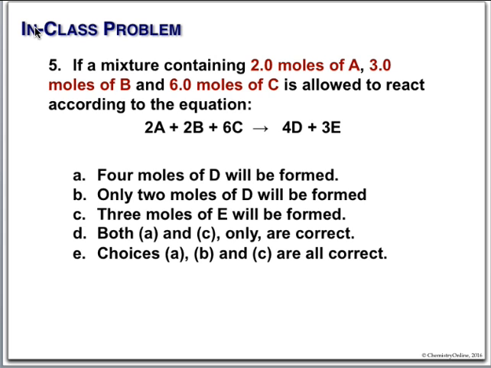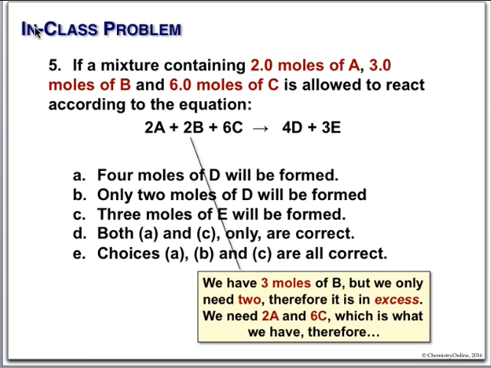Well, this equation, we need 2 A's, 2 B's, and 6 C's. We actually have 3 B's, don't we? But we have extra B. We don't have to worry about that. B is in excess. So that's good. We also have 2 A's and 6 C's. So these are good, and we have extra B.